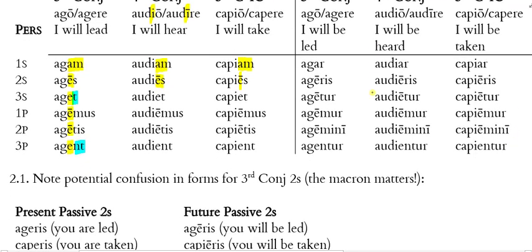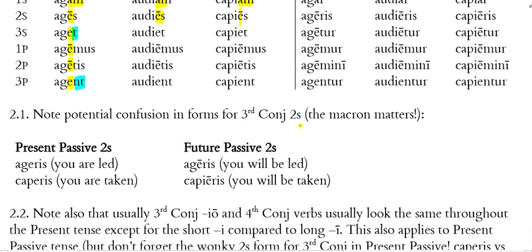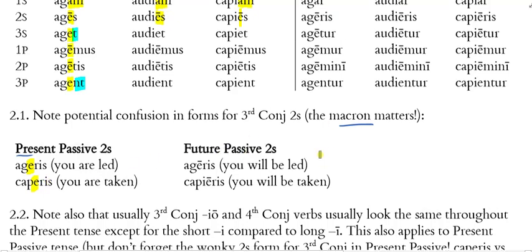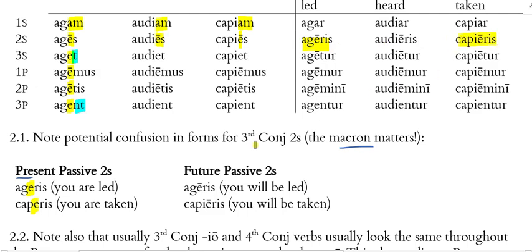All right, so notice that there's some potential confusion in forms for the third conjugation second singular, and the macron really matters here. The present passive second singular for these third conjugation forms, ageris and caperis, you are led. That's present tense, right? Notice the E here is a short E in these forms. Caperes, ageres. But with the future passive second singular, and we were just looking at these, right here and here, we have this long E wherever we can get it.